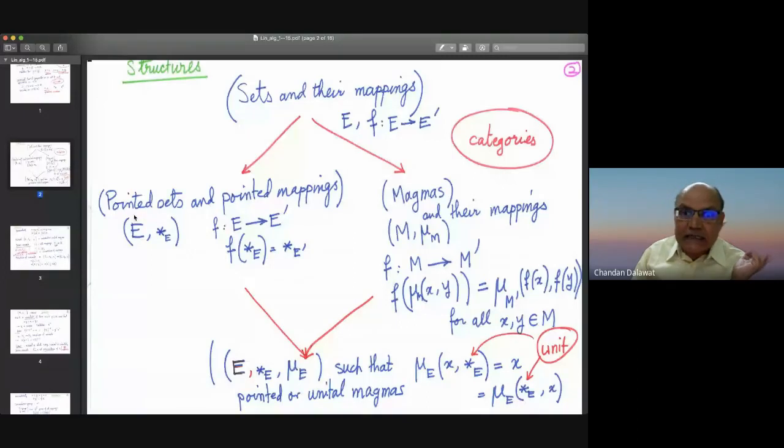What is a pointed set? It is just a set with one element in that set which is sort of distinguished. One chosen element.